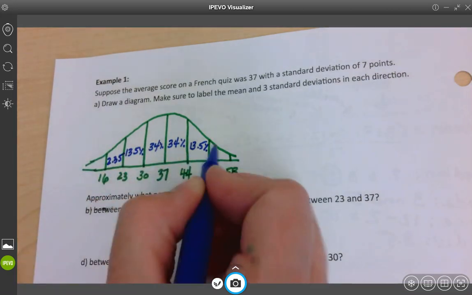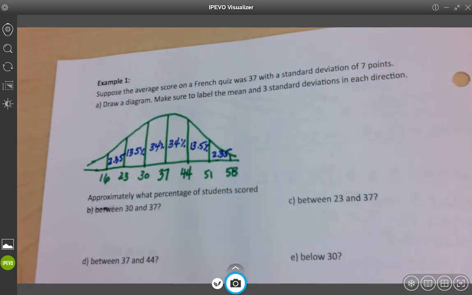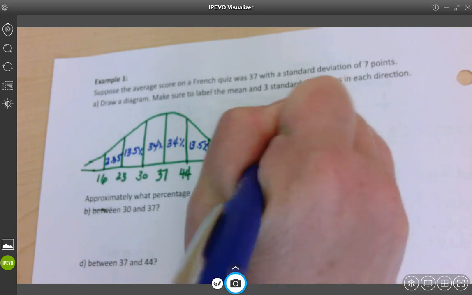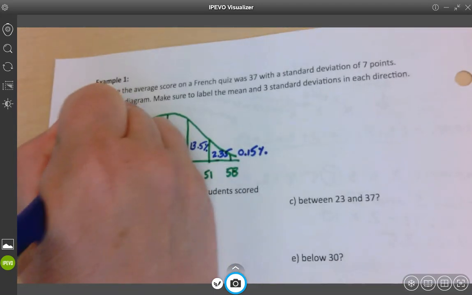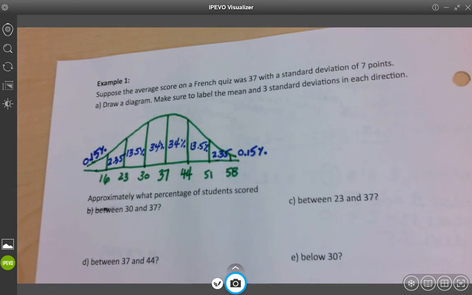I'm going to not write the percent there, but it is a percent. And then 0.15%. When you look at the number 0.15%, remember that that's different from the number 0.15. 0.15 is 15%. 0.15% is less than 1%. It's really small. I just didn't put a percent on the 2.35 because I ran out of space, but everything else is actually a percent.